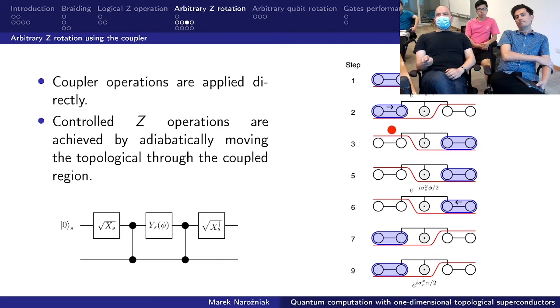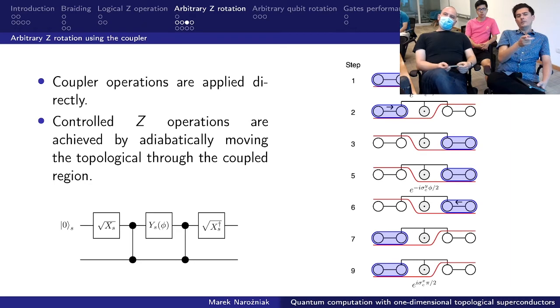So we do square root of x on the coupler like this. We move it through the chain, which is the first control Z. We rotate the coupler, we move back, which is another control Z, and we complete the entire protocol. And we end up having this topological domain rotated by the angle that the coupler has been rotated in the middle, on step 5.